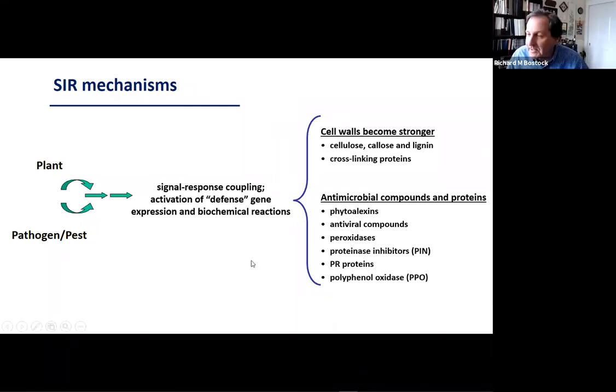And then there are these antimicrobial compounds and proteins. Some of these we call phytoalexins, antiviral compounds, peroxidases, and other proteins and so on that help restrict a pathogen from moving through the plant.